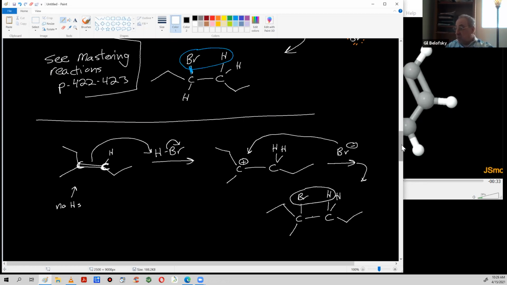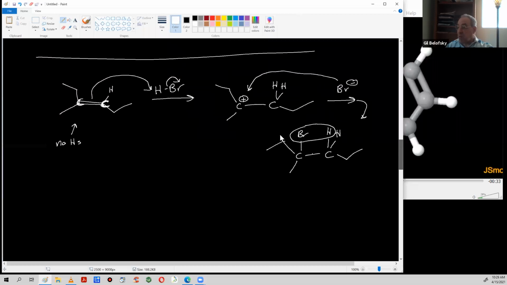There are 2 ways to remember this. The way that I don't like, but that many people like, and so I'm going to include it, is to remember Markovnikov's rule. I'm not a big rules guy, because I don't have a good memory for it, but many people prefer to just memorize the rule.